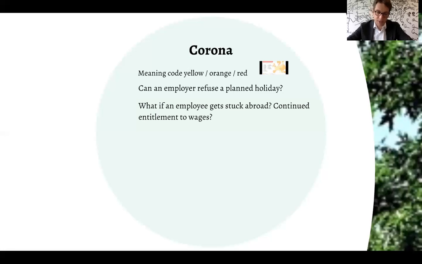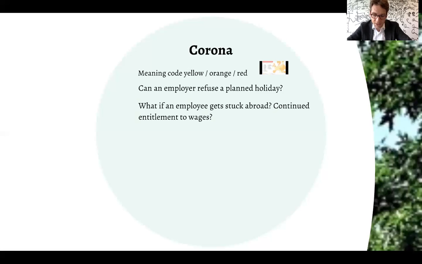And we've just touched upon that I think it's very arguable that if the employee travels to an orange country, then gets stuck abroad, then you could say there's no entitlement to pay unless the employee wants to take extra holidays. At the same time, you might even argue this for yellow countries. This is a gray area.